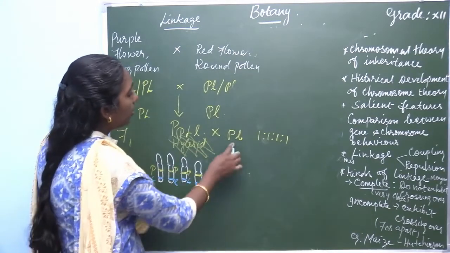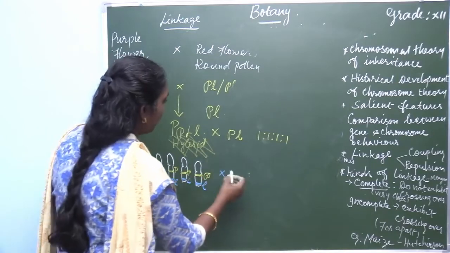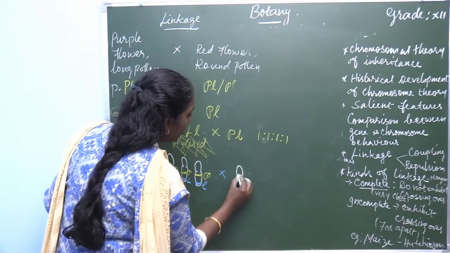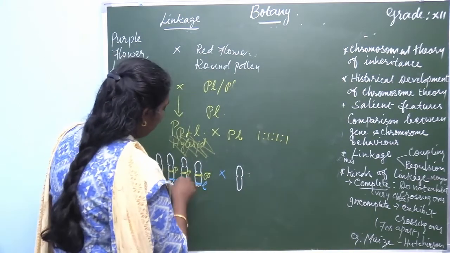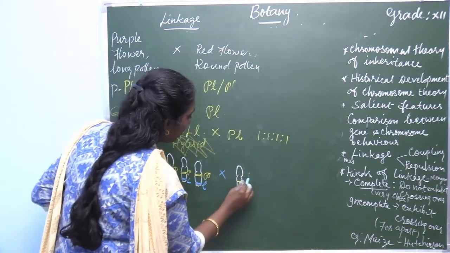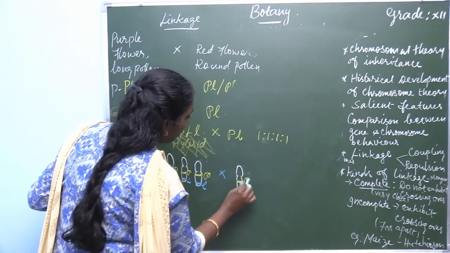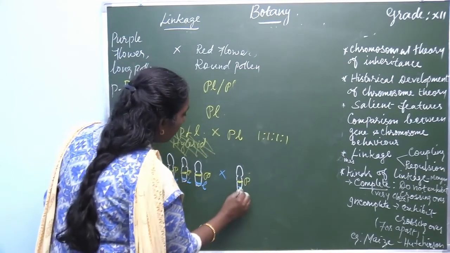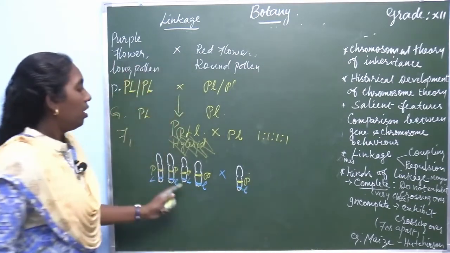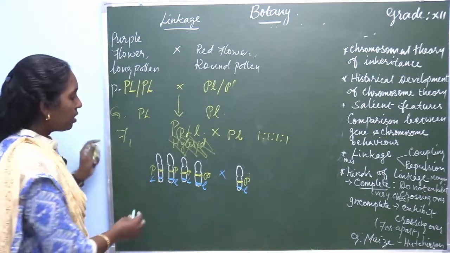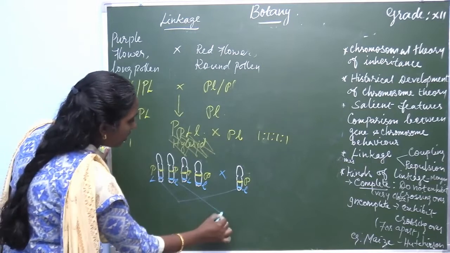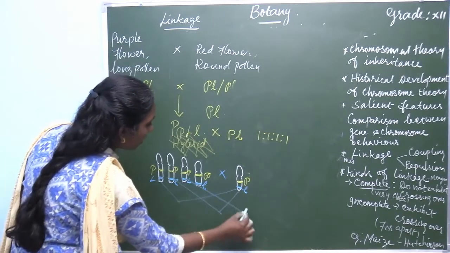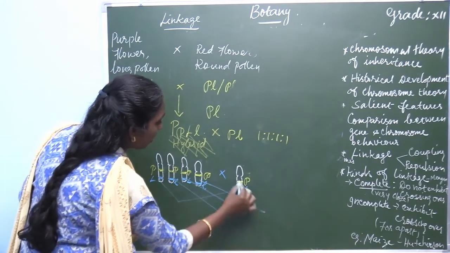Cross with this small p, small l. Now it gives the combination of this and this, this and this, this and this, this and this.